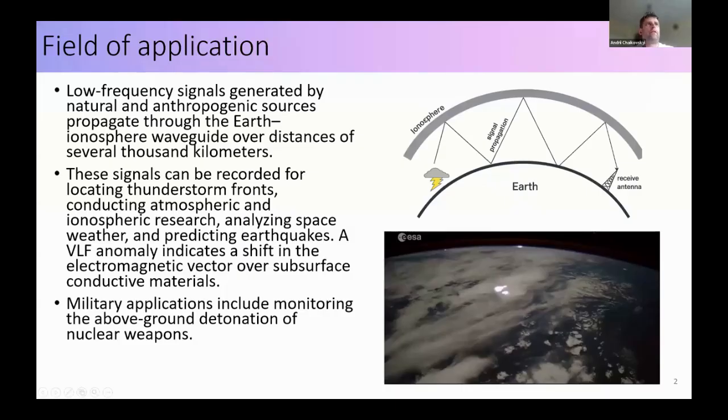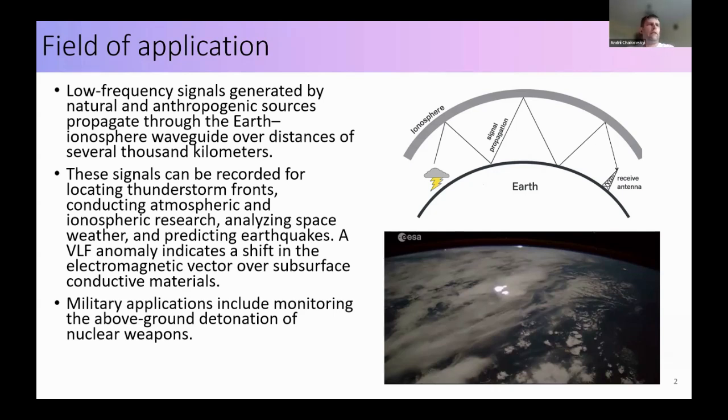Low frequency signals generated by natural and anthropogenic sources propagate through the Earth's ionosphere waveguide over distances of several thousand kilometers. These signals can be recorded for locating thunderstorms, fronts, conducting atmospheric and ionospheric research, analyzing space weather, and even predicting earthquakes.